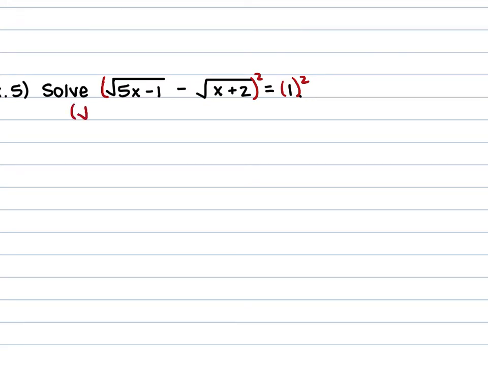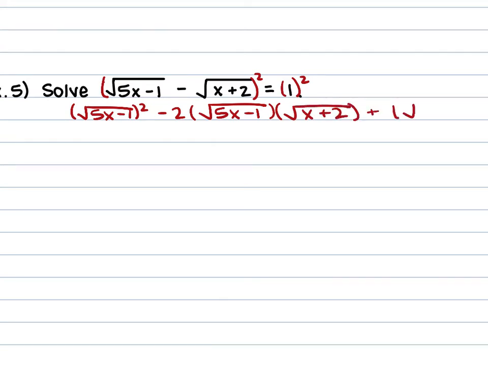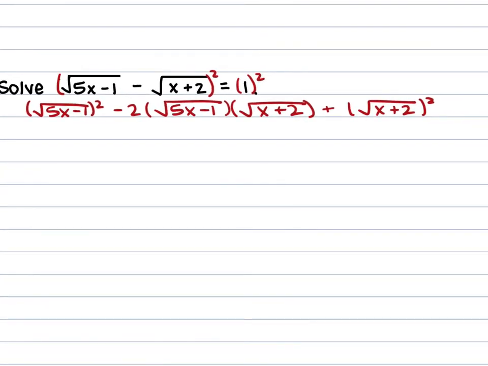This gives us the square root of 5x minus 1 squared minus 2 times the square root of 5x minus 1 times the square root of x plus 2 plus the square root of x plus 2 squared is equal to 1.